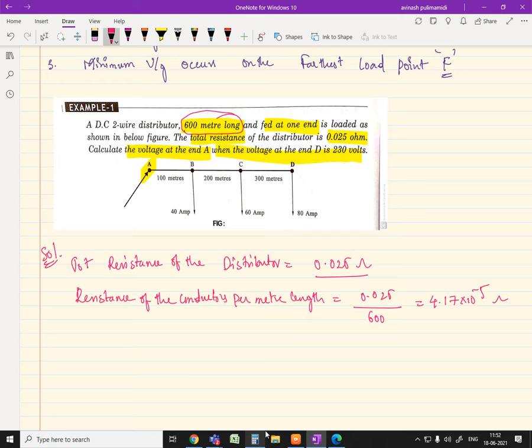Now voltage at point D given how much? Voltage at point D is 230 volts.